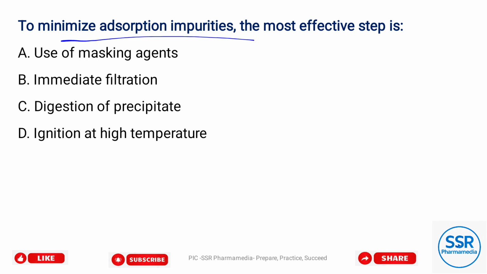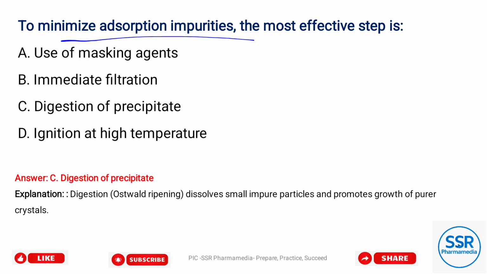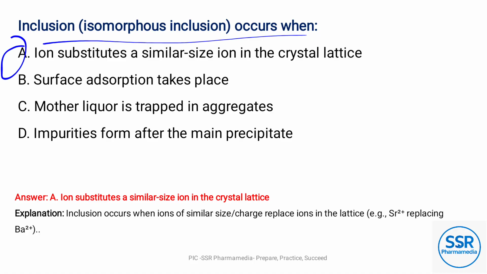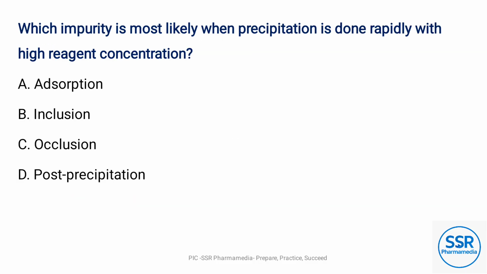To minimize adsorption impurities, the most effective step is, so option C, digestion of precipitate. Inclusion occurs when, so option A, an ion substitutes a smaller size ion in the crystal lattice. Which impurity is most likely when precipitation is done rapidly with high reagent concentration?